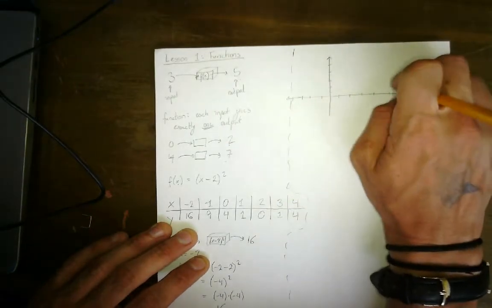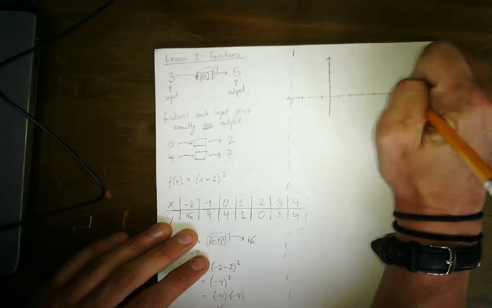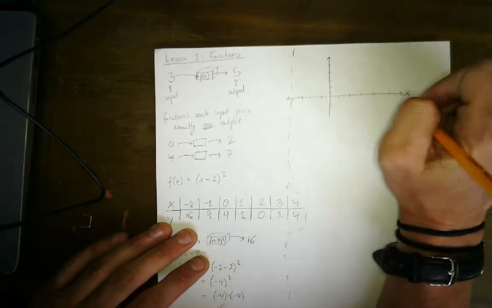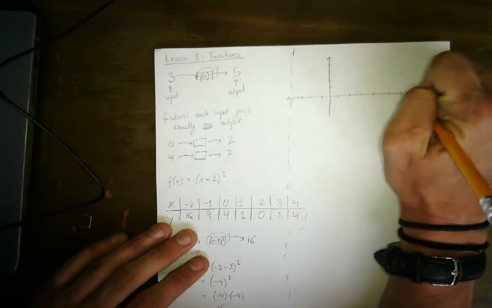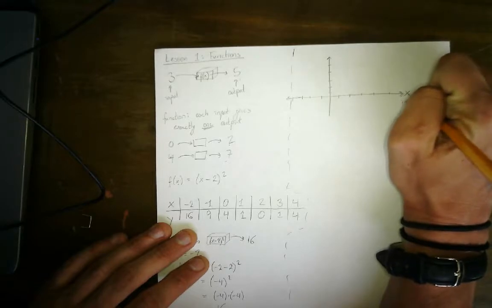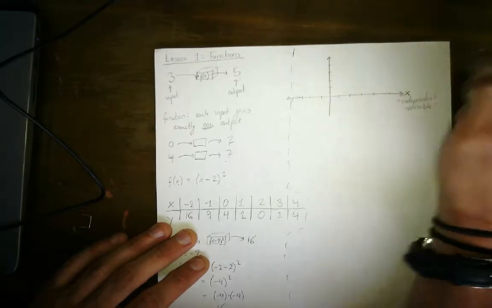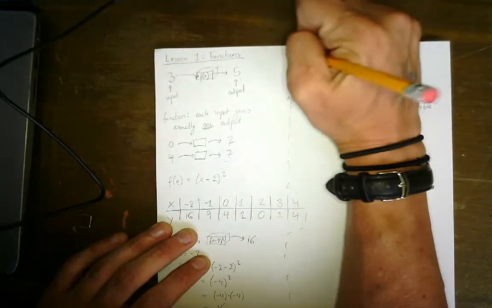So I know it's been a long summer, but just to review, we have our x-axis. You can call this the independent variable. And then the y-axis is called the dependent variable.